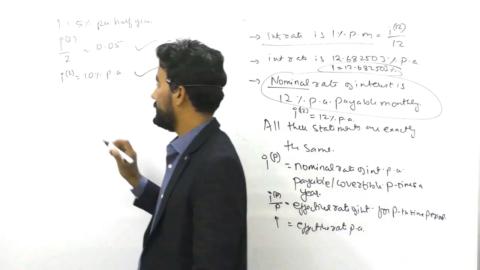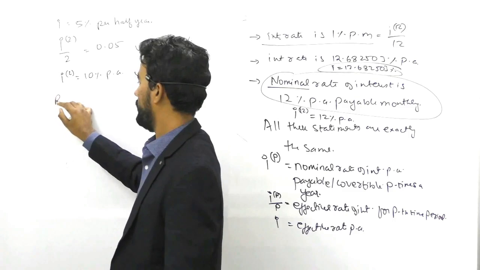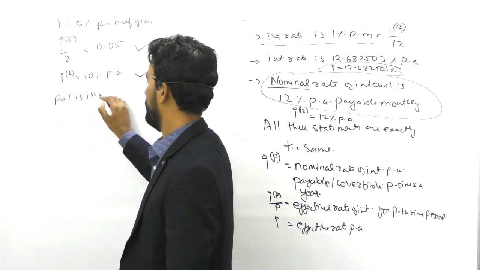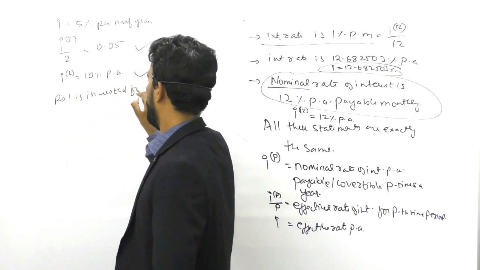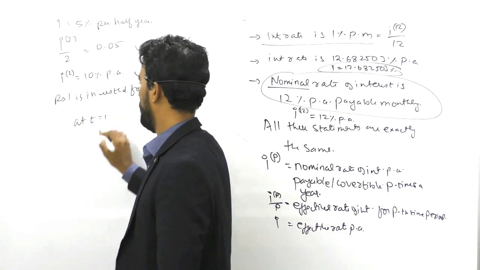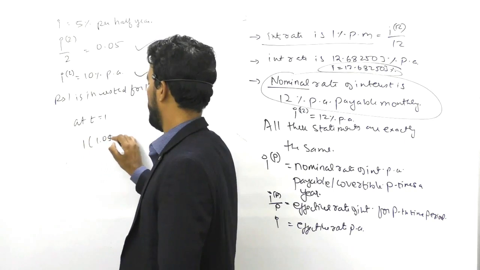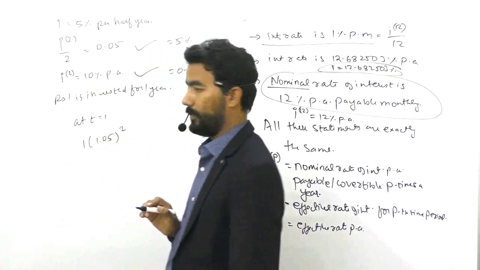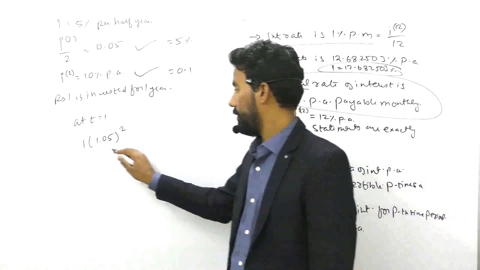Now we need to find i. So let's assume that rupees 1 is invested for 1 year. So at time 1, you will have 1 into 1.05 raised to 2. This much money with you. Now, let's check the value of 1.05 square.